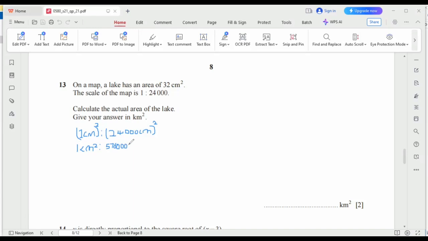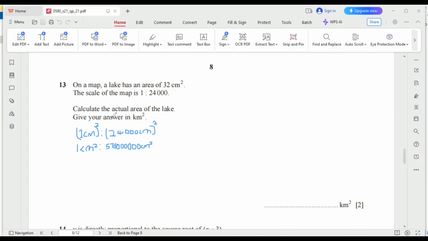So 1 cm squared on the map would represent 576 million cm squared in real life. That's what it means.